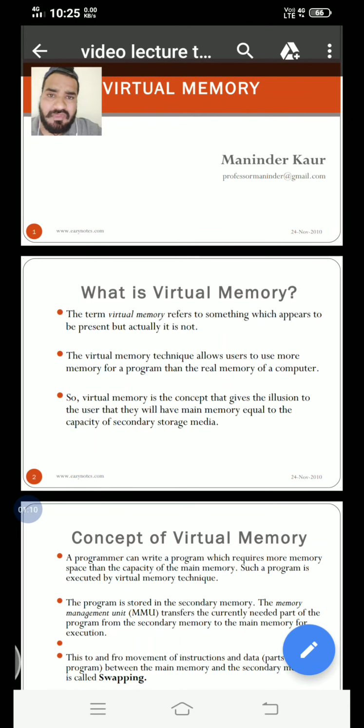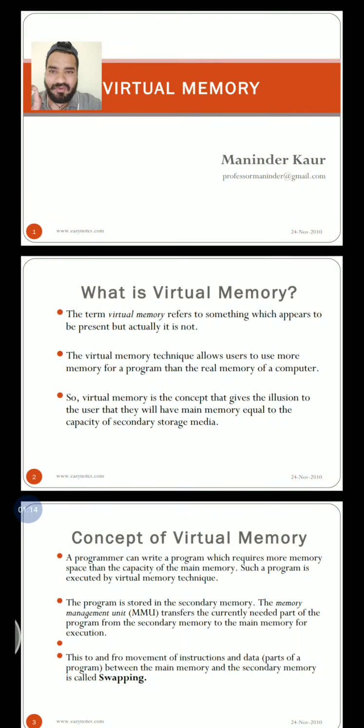Now, how does virtual memory work? The CPU uses the concept of logical address space in your secondary storage to implement virtual memory. In virtual memory, we can run programs whose size is more than the size of main memory. How is it possible? By using page replacement.